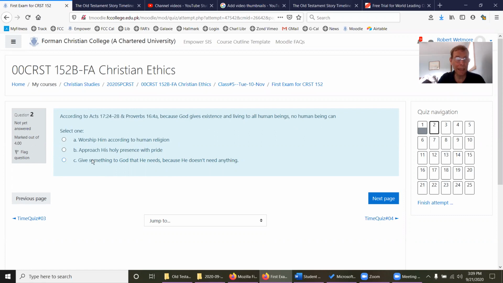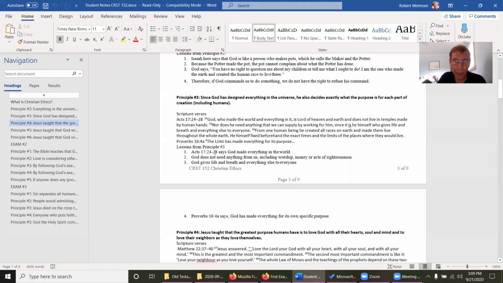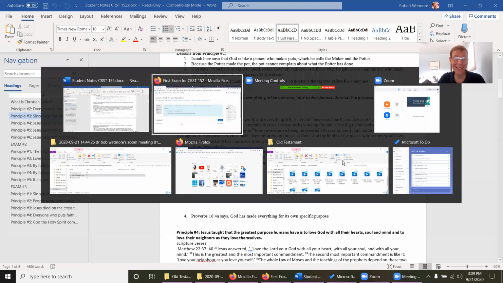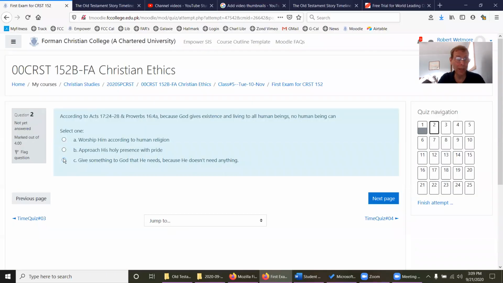No human being can give something to God that he needs because he doesn't need anything. Let me look again. God does not need anything from us, including worship, money, or acts of righteousness. Okay, that's saying the same thing as this one, and I'm going with that one. Number 3.